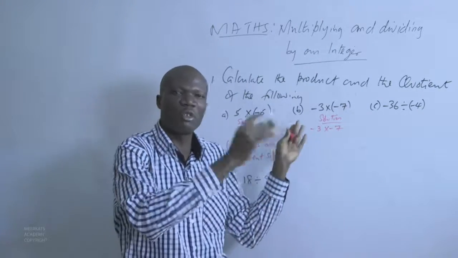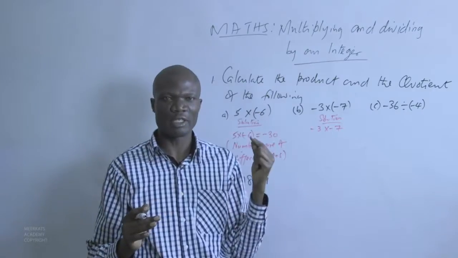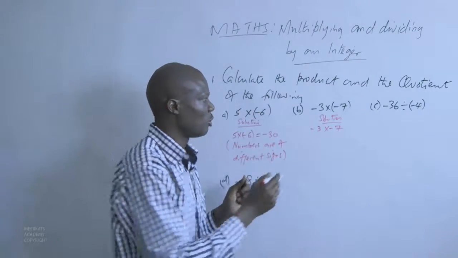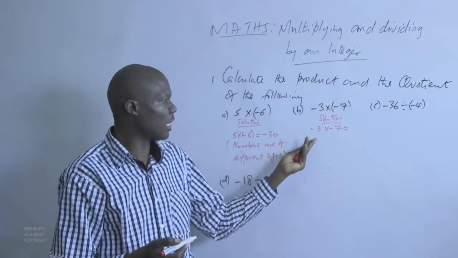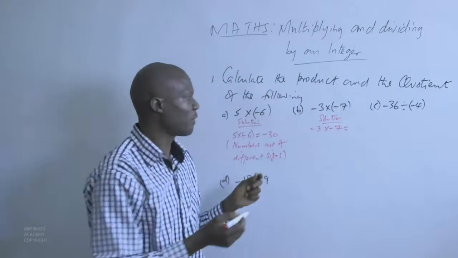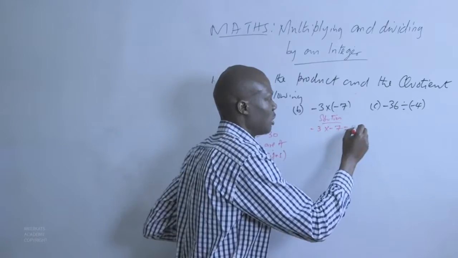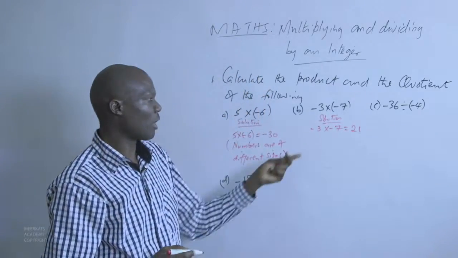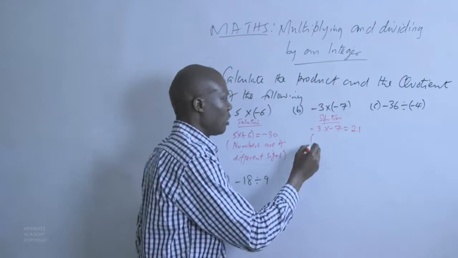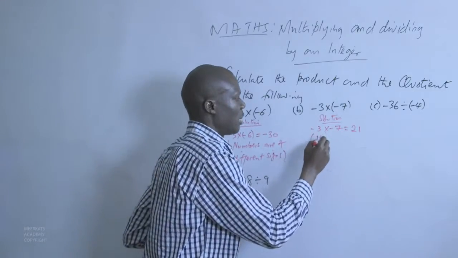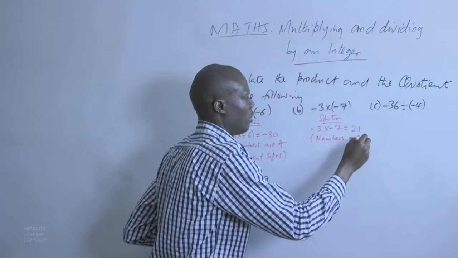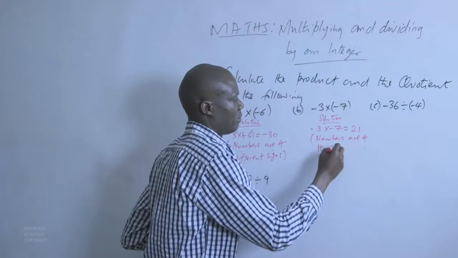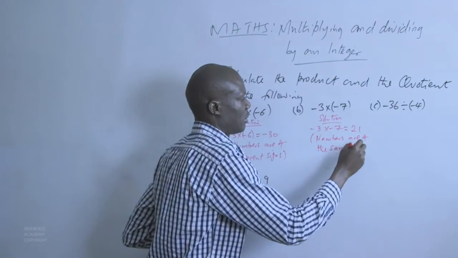So irrespective of the number we are dealing with, the answer is positive. So we just multiply 3 by 7, you'll get 21. Then to explain this, we shall say that the numbers are of the same signs.